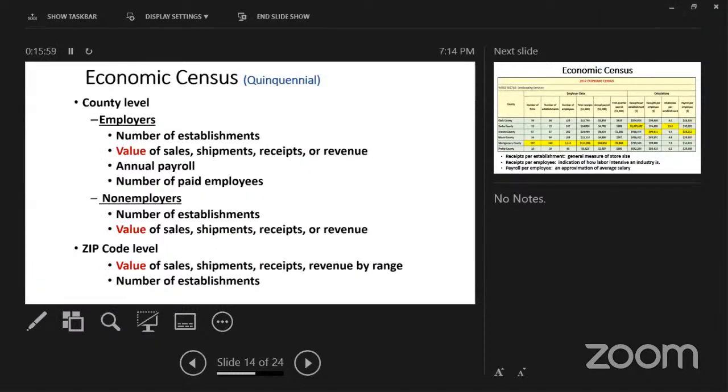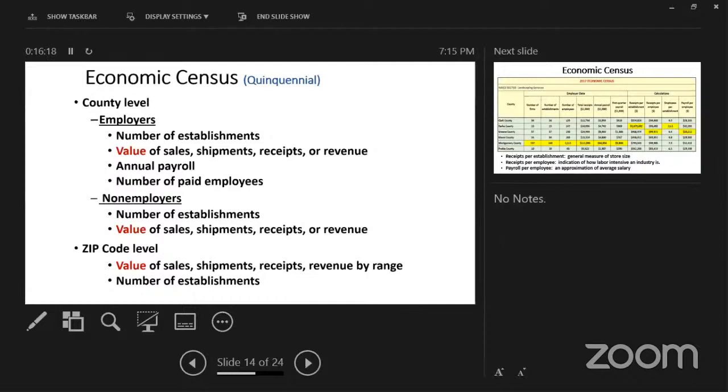Now, we also have the Economic Census. It's quinquennial, meaning it's every 5 years. It goes on in every year that ends in a 7 and a 2. We're still getting the data out for 2017 because it's 4 million businesses nationwide.